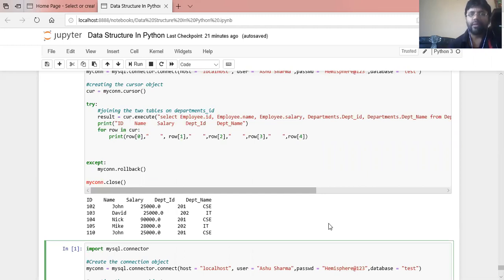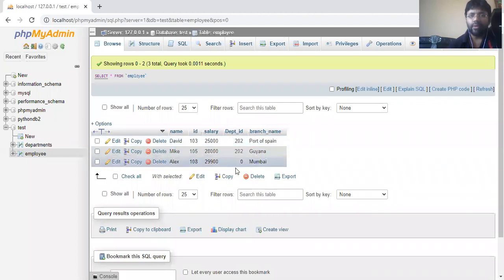If we look at our table, we see that there is no department ID of 201 in the employee table. This is the employee table under this test database. You are just seeing that there is no record with department ID 201.